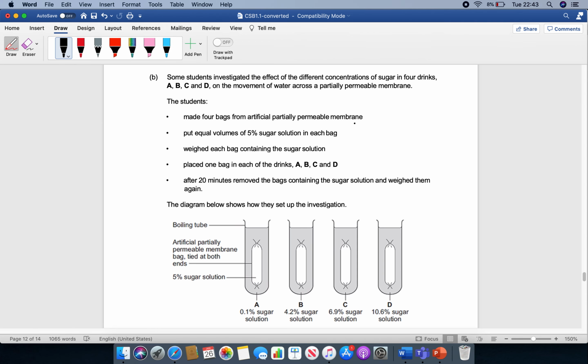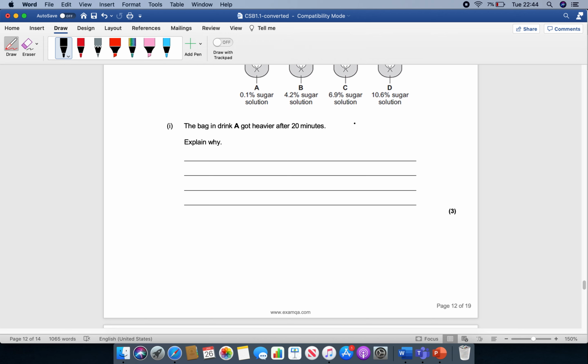The students made 4 bags from artificial partially permeable membrane, put equal volumes of 5% sugar solution in each bag, weighed each bag containing the sugar solution, placed 1 bag in each of the drinks A, B, C and D. After 20 minutes, remove the bags containing the sugar solution and weighed them again. The diagram below shows how they set up their investigation.